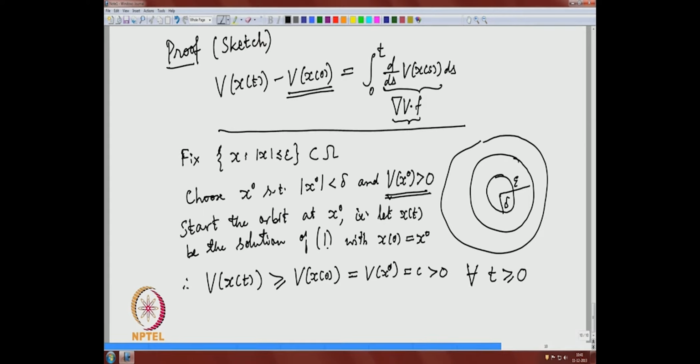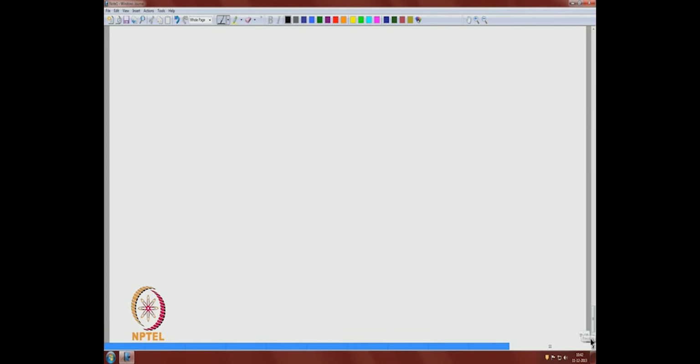Okay. So, if I start the orbit at such a point, then V along that path remains bigger than this c. Okay. So, let me draw again a diagram. So, now I have something.